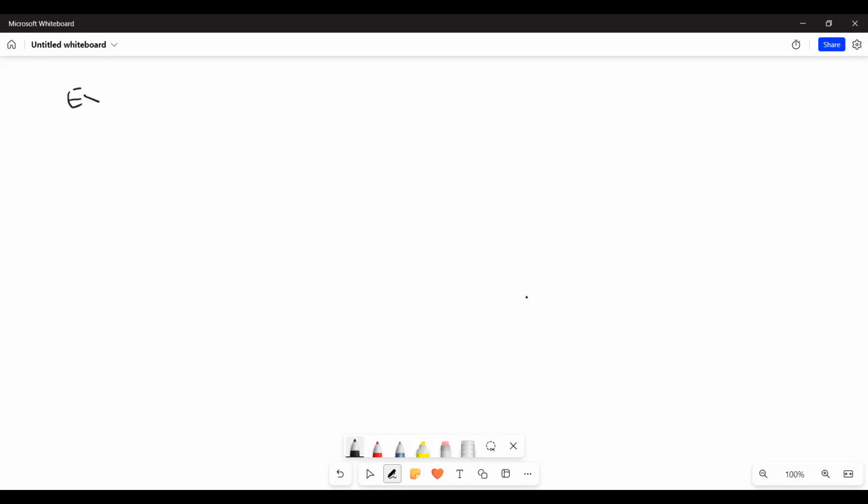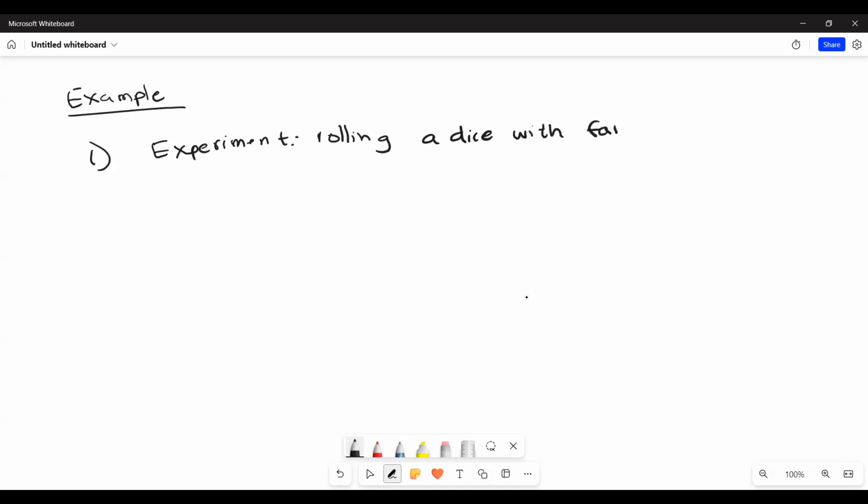So the smallest example I think that we can take: we will take the experiment as the experiment of rolling a dice with fair sides.